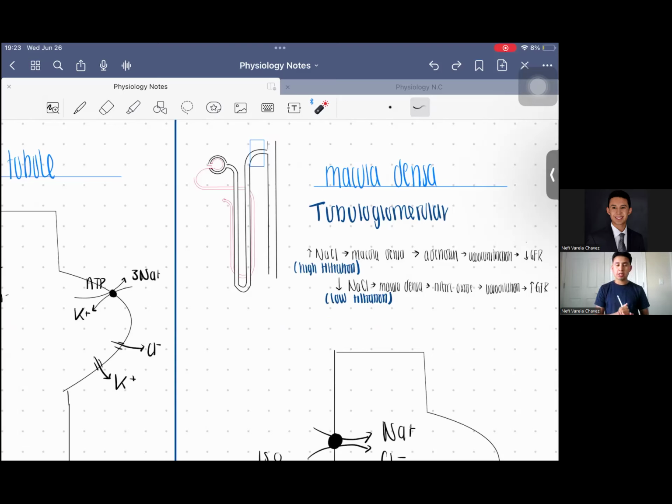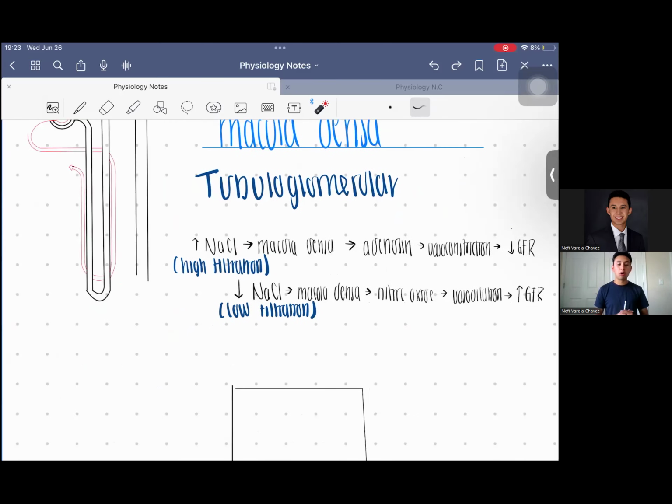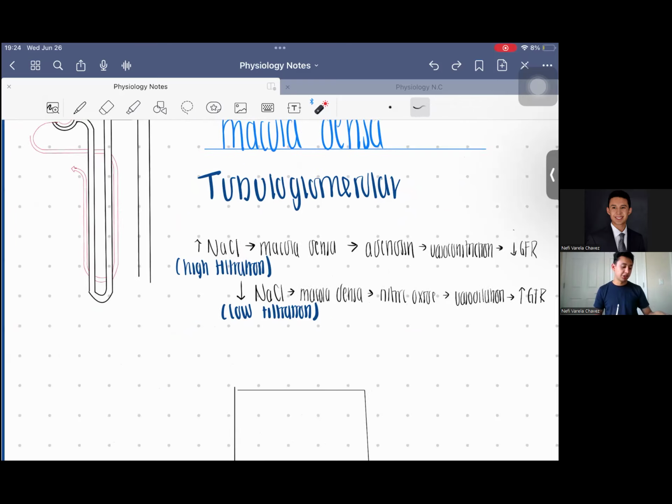In presence of too much salt, we're going to secrete adenosine, sorry, causing vasoconstriction, or in case of lower concentration of salt, we will secrete nitric oxide, creating vasodilation. Okay, so that's going to be something that's going to help us to regulate our filtration rate and concentrations. We're almost done, guys.